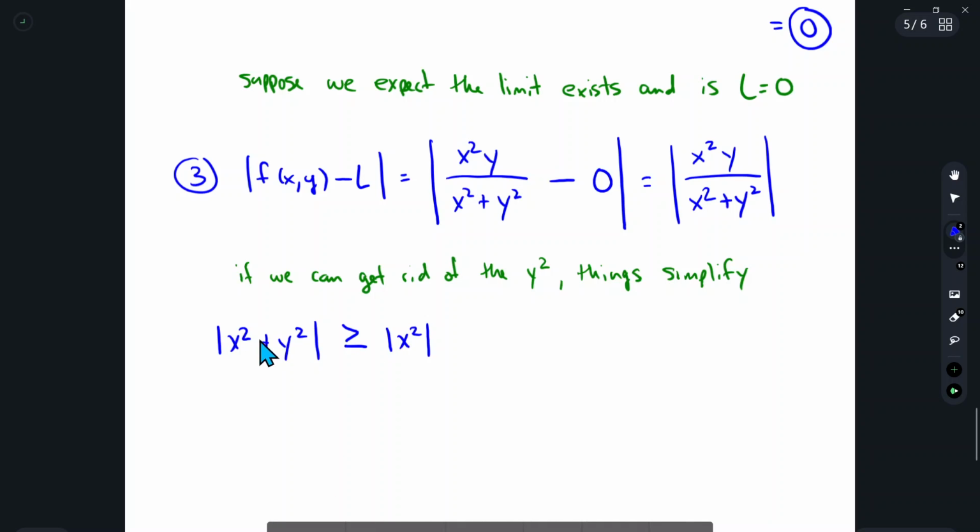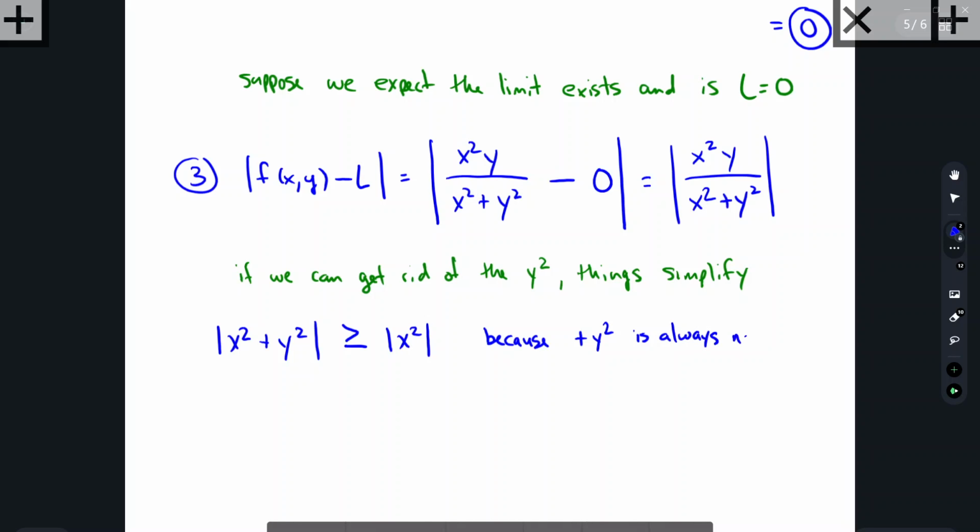So I can say that the expression on the left is always greater than or equal to the expression on the right. And again, the reason is because the plus y squared is always non-negative.